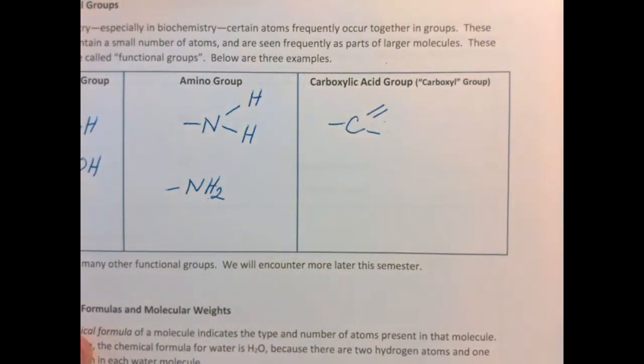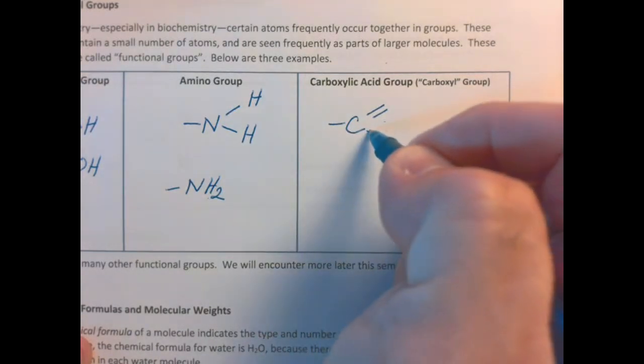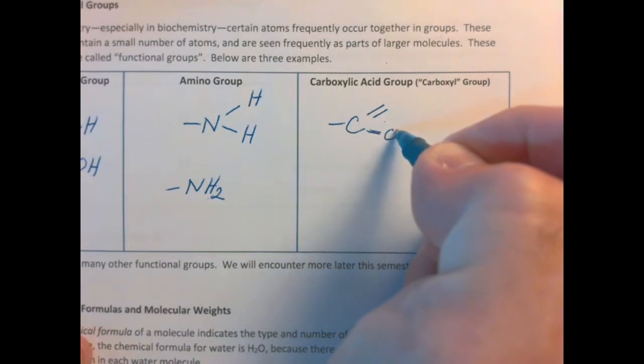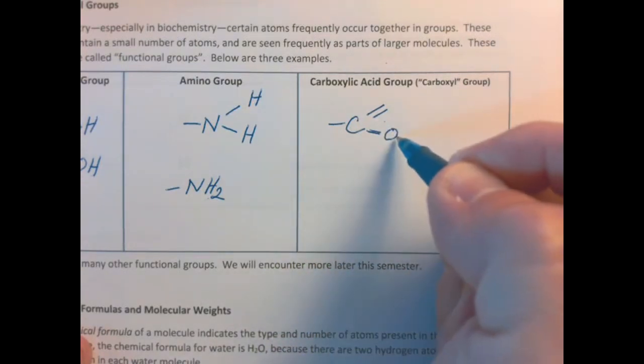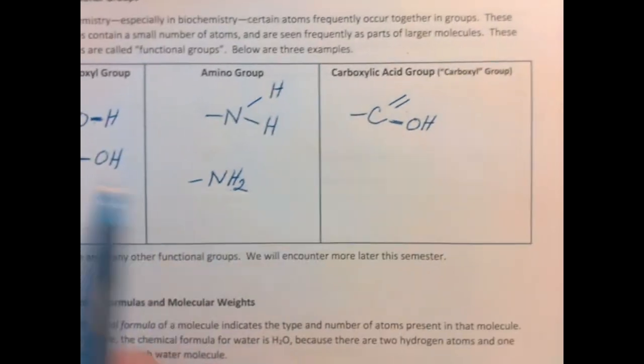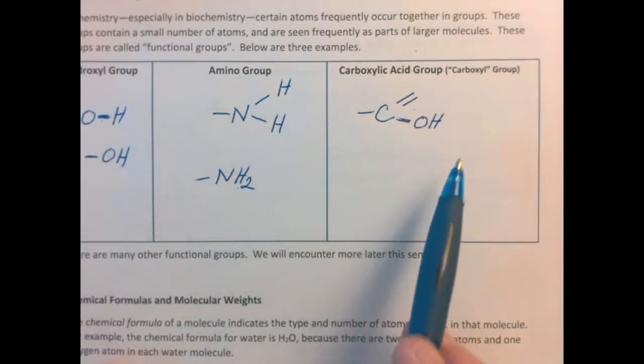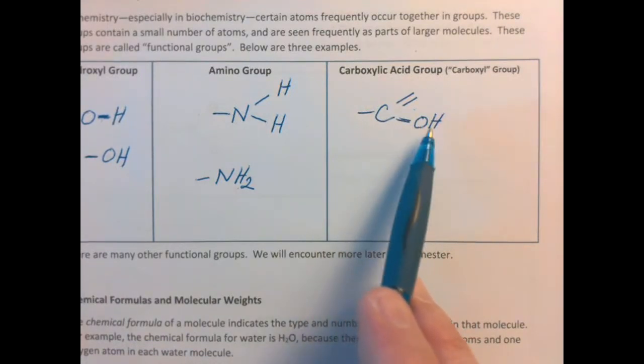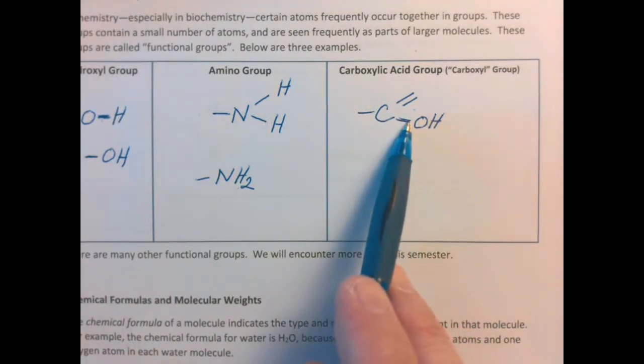Let's draw the lines out there and see where they're going to go. Let's say that one of those bonds goes to an oxygen, and that oxygen spends its other bond to go to a hydrogen. In other words, we put a hydroxyl group there. It's one of these, and we're going to make it part of an even bigger group. So we've got an OH there, a hydroxyl group, holding onto the carbon via this bond.